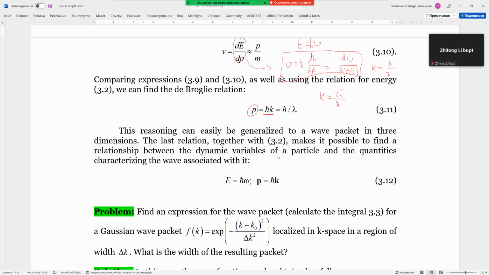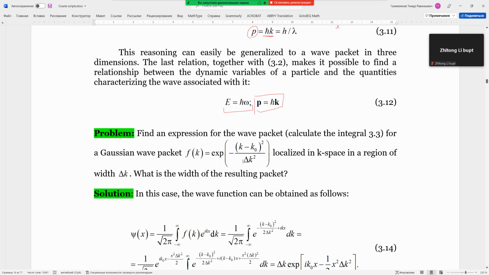So from this analysis of the wave packet, with the assumption that energy equals h bar omega, we found that the momentum of the wave packet can be described as the multiplication of the wave number k and the Planck constant.